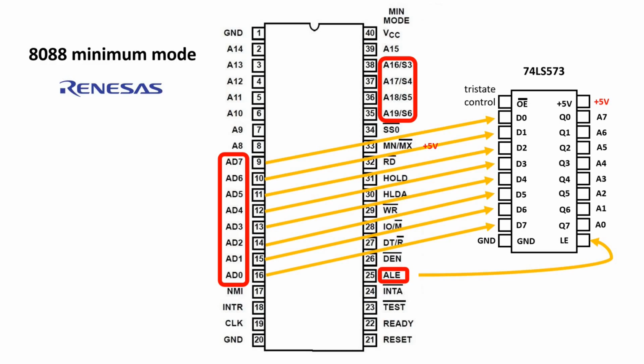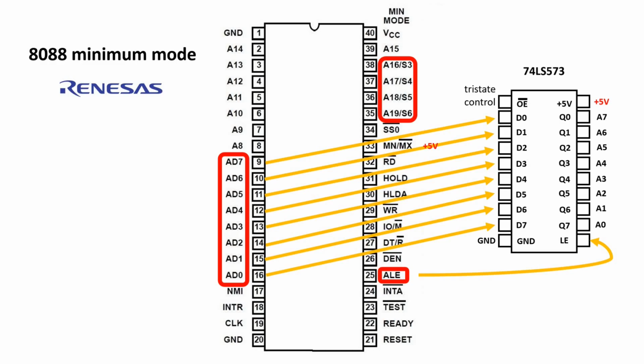There are a number of different ones to choose. The one I've shown here is the 74LS573. That particular latch has a nice feature that the data pins are on one side and the Q outputs are on the opposite side. There's a more common chip, which is the 74LS373, where the pinout is not quite as convenient. So I would always recommend using the 74LS573.